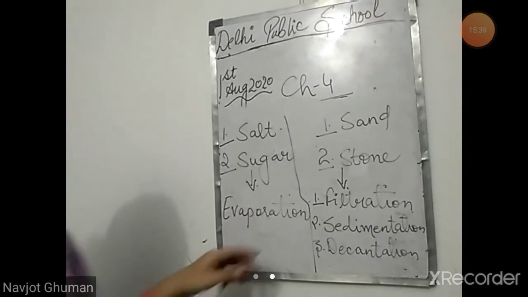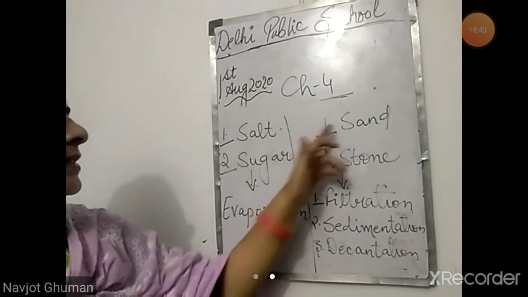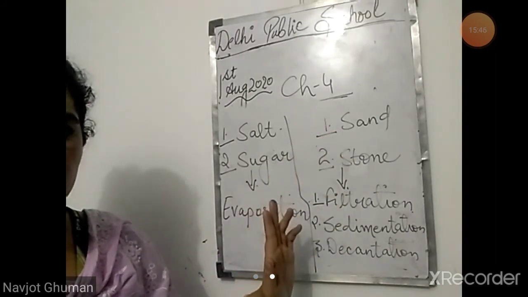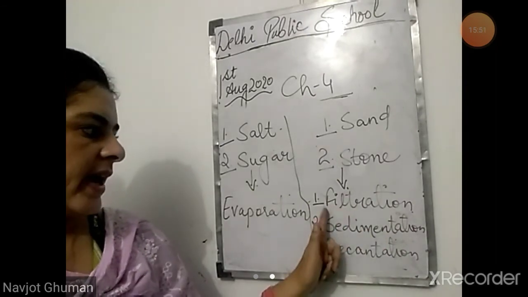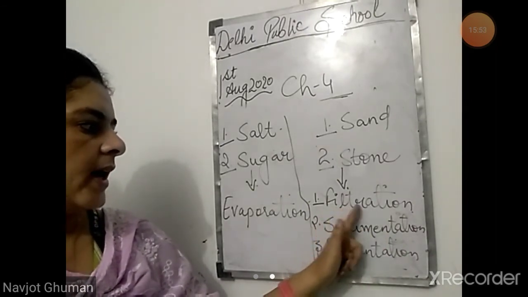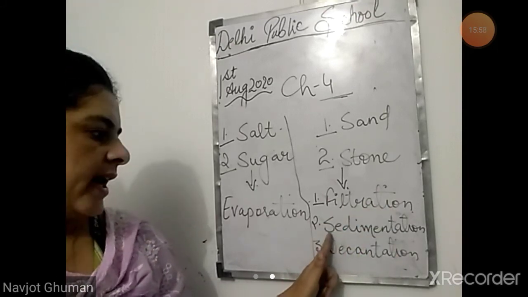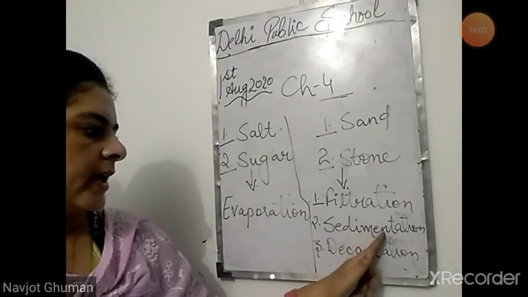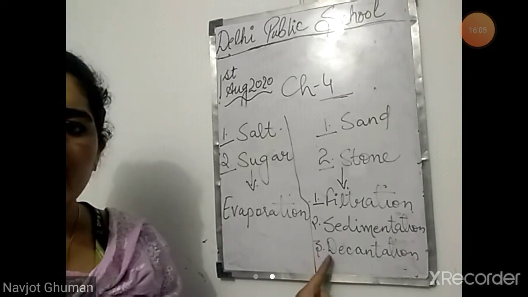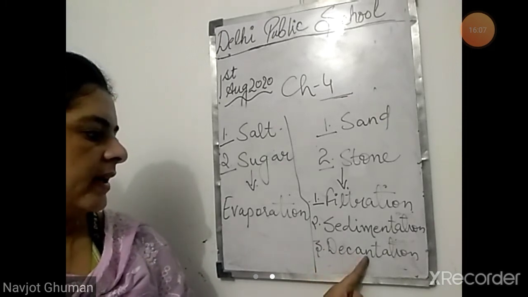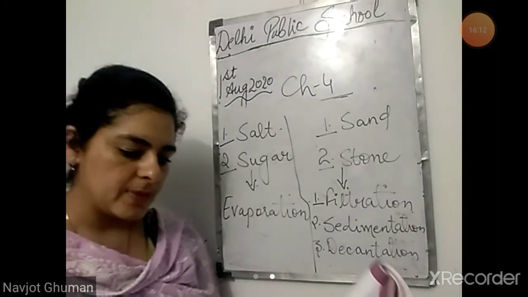Soluble substances are separated by evaporation. Sand, stone, two examples first, then the methods by which they are separated: filtration, sedimentation, decantation. So your chapter is completed.